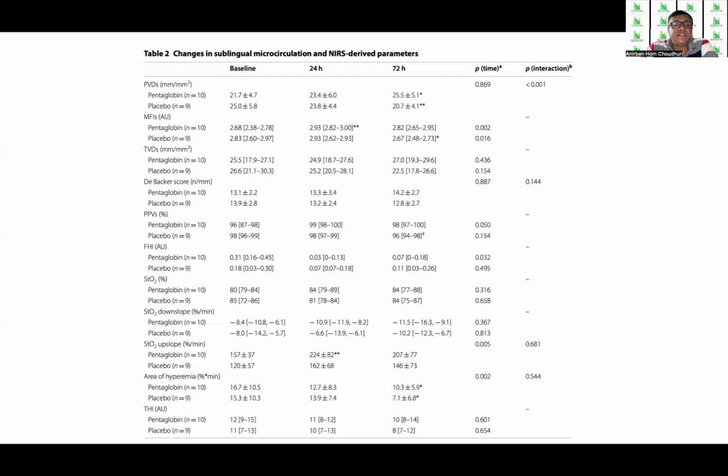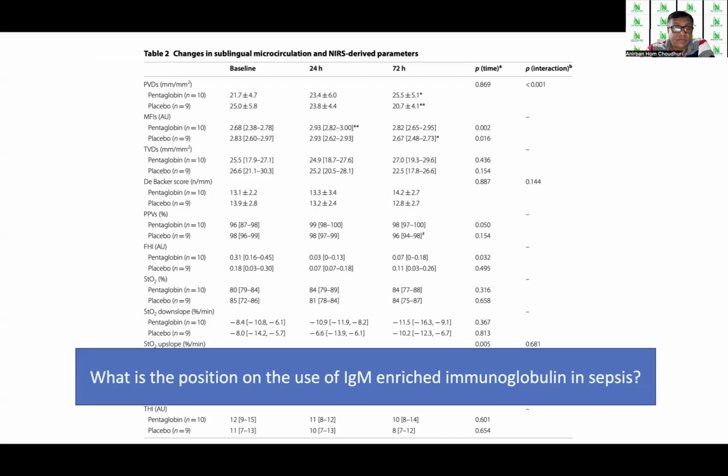Now, the changes in the sublingual microcirculation and the near infrared spectroscopy derived parameters have been used. There are a lot of minor differences. But I'm sure that when large studies, or a few average, middle-sized studies, are combined, this will become more meaningful to us.